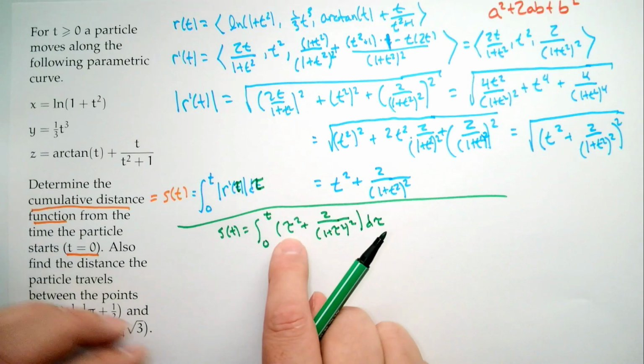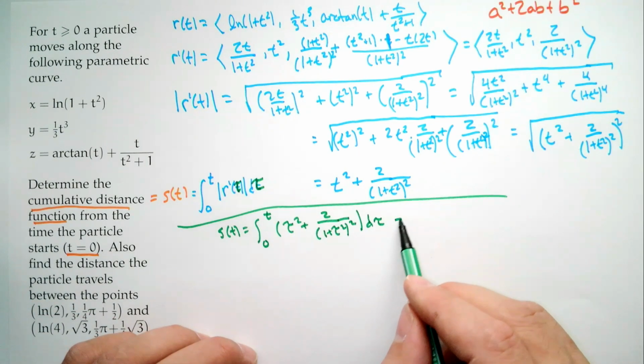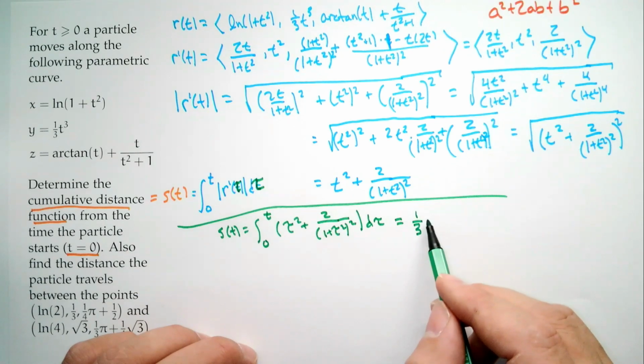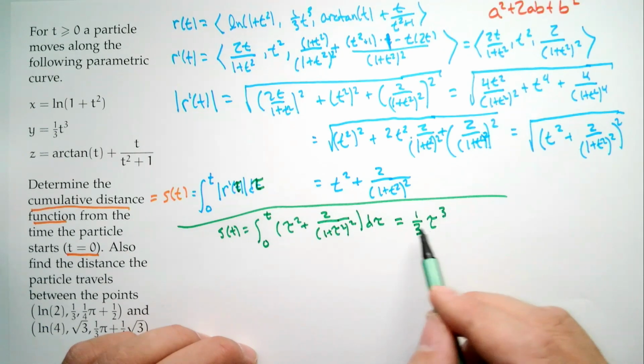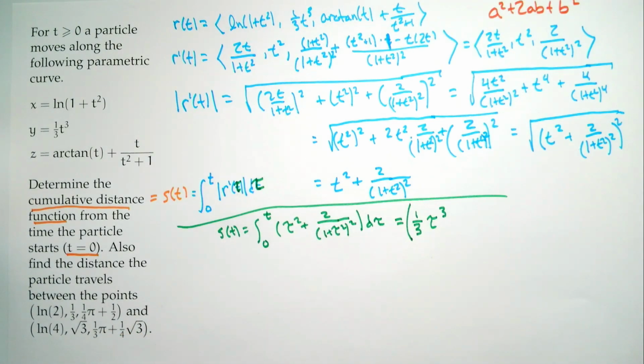All right, can we integrate tau squared? 1/3 tau cubed. Can we integrate 2 over 1 plus tau squared, squared? Now you might be thinking, I don't know, u-sub or trig sub or something fancy.